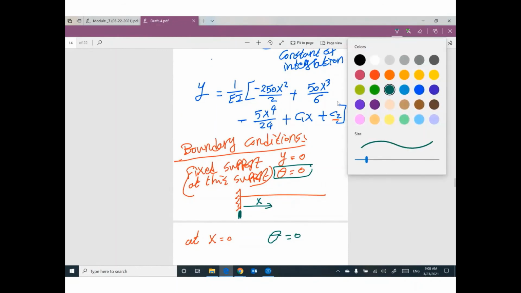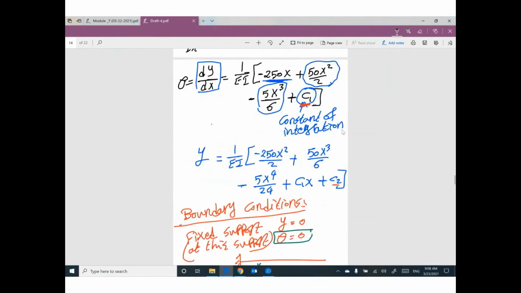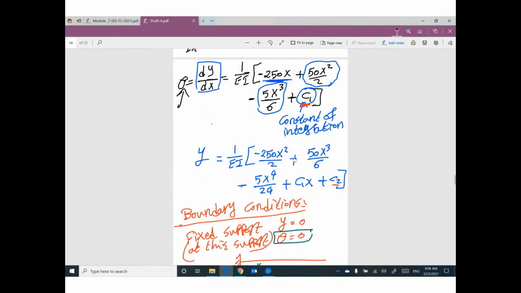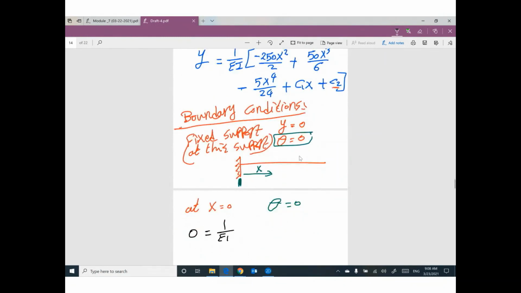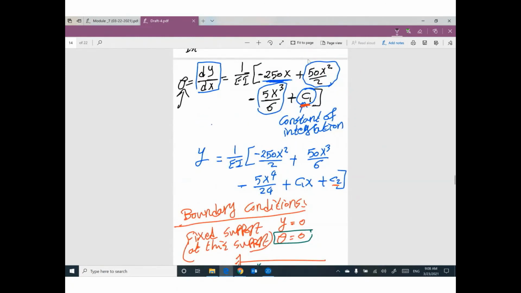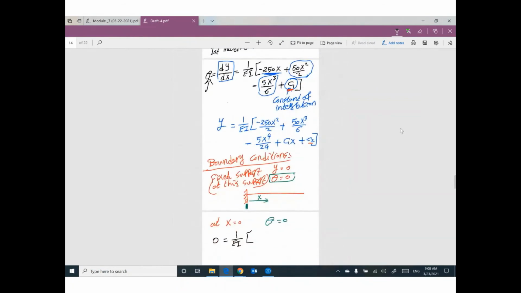So what should I do? Here is the equation of theta. Theta equals 0, equals 1 over EI, negative 250 times 0 plus 50 times 0 squared divide 2, negative 5 times 0 cubed divide 6, plus C1.